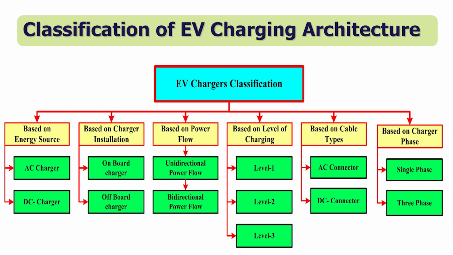So, it is also based on which kind of charger we need to install. Based on power flow, either we get unidirectional power flow, or we go for bidirectional power flow, where it can be integrated as G2V and V2G technologies.